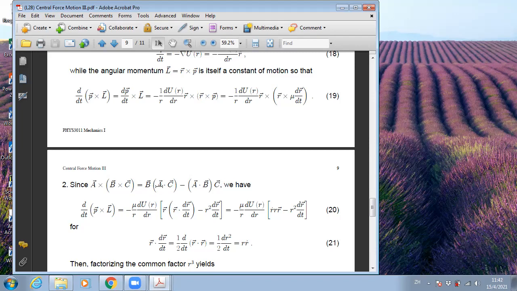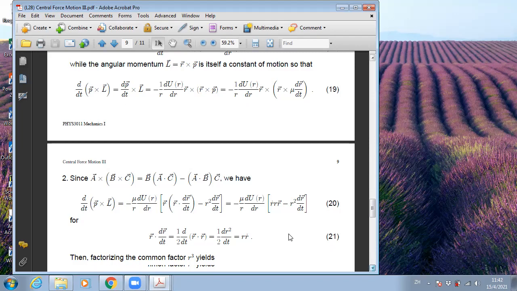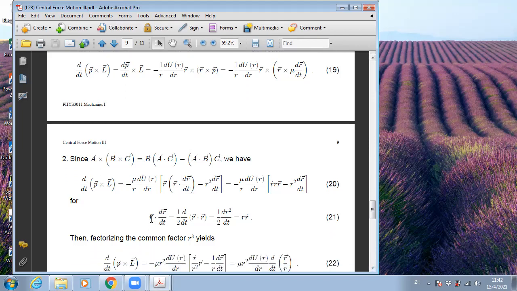All right, r dot dr/dt, the first term. The second term is r dot r, so we have r squared. Remember that r vector dot dr vector/dt is equal to r times r dot.